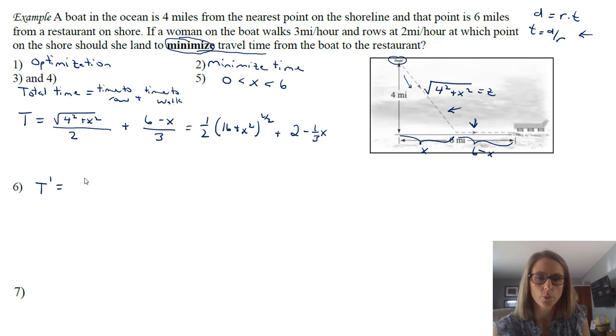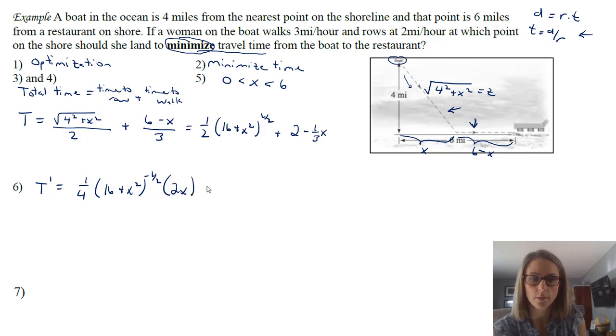Now we're going to take our derivative. It's going to be 1/4, and I'm using the chain rule. So I've got 16 plus x squared to the negative 1/2, and then I multiply by the derivative of the inside, so I get 2x, and then I take the derivative of the second term, and I get negative 1/3. That's all there is.